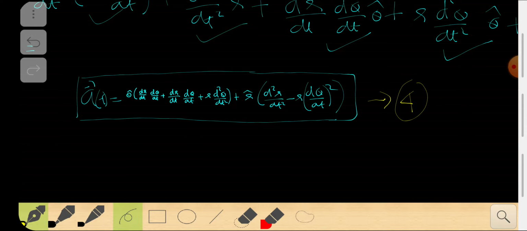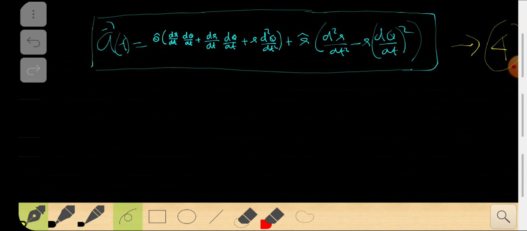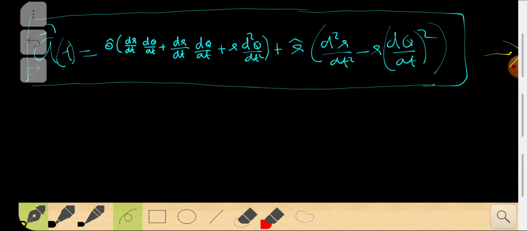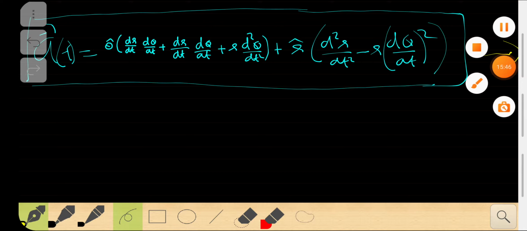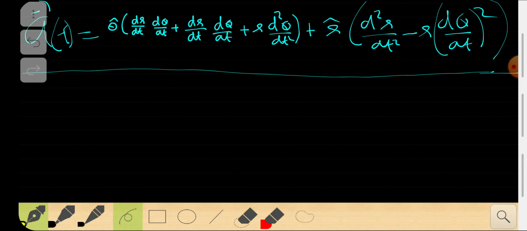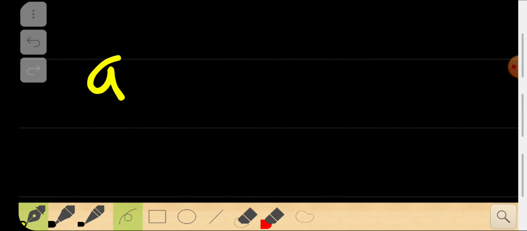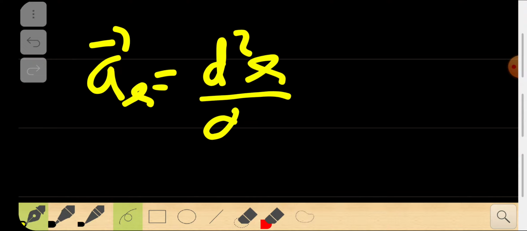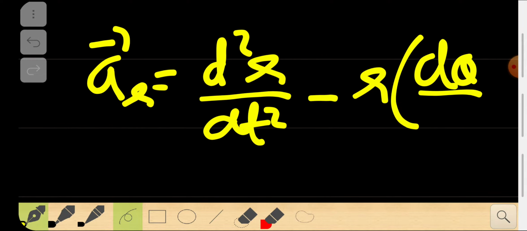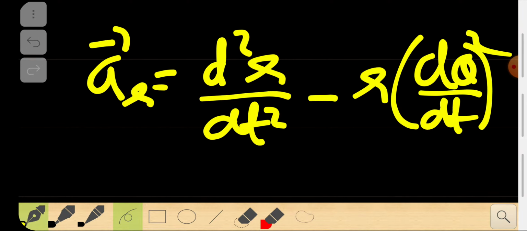Now let's write down the components. Remember the velocity vector had two components, in the θ cap and the r cap. Also the acceleration now has θ cap and r cap components. A in the r cap direction is just d²r/dt² minus r times (dθ/dt) the whole square. That's the r component.